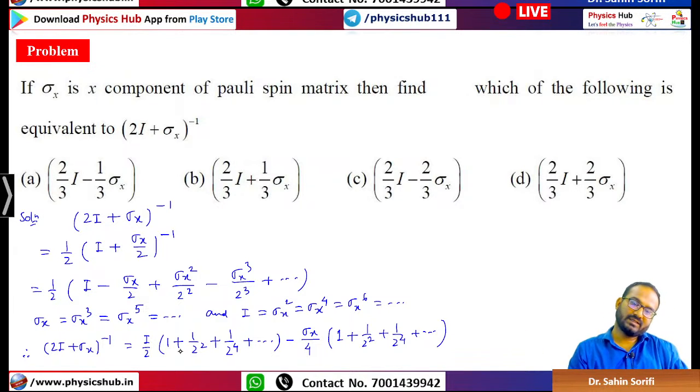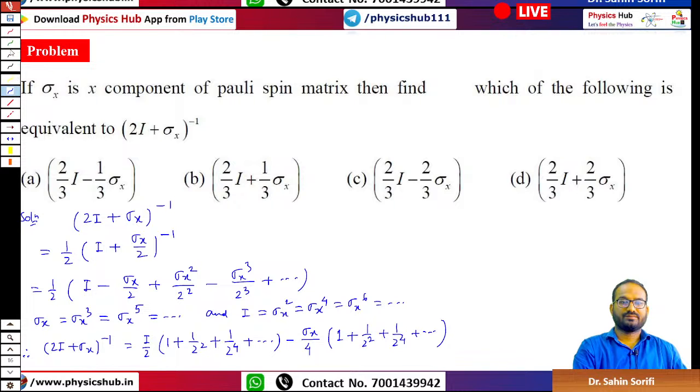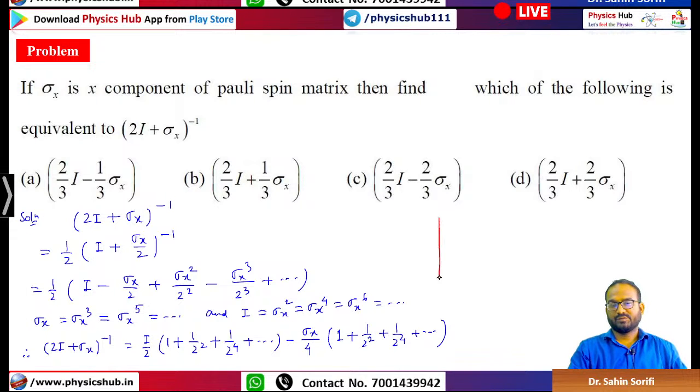So what are these two series? Geometrical progression, right? 1 plus 1 by 2 square plus 1 by 2 to the power 4. This is a geometrical series with common ratio 1 by 2 square. If you have a geometrical series, the sum is given by a into (1 minus r to the power n) divided by 1 minus r, where r is less than 1. You have read it in class 12.